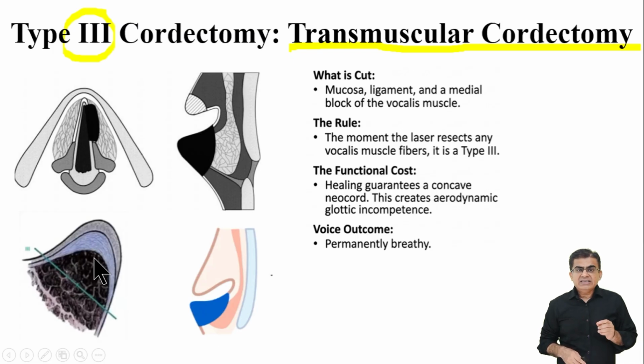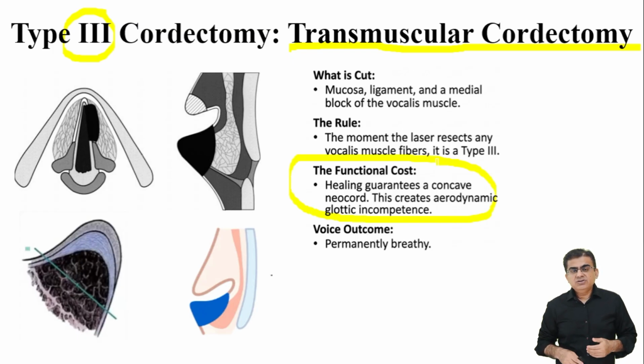But you must clearly understand the severe functional cost of this deeper cut. Because you are removing the actual muscle bulk, the patient will naturally heal with a concave neocord. This structural change creates a permanent physical gap between the vocal cords when the patient tries to speak. We medically call this aerodynamic glottic incompetence.